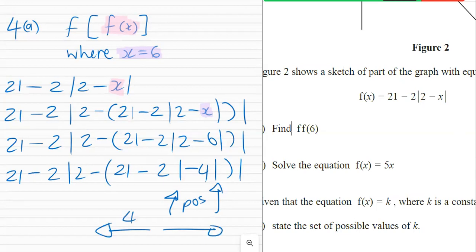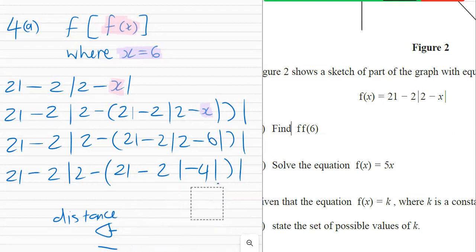For example, if you move your ruler 4 centimeters to the left or to the right, the distance is always positive, even though on a number line, if this was 0, that would be minus 4, and that would be 4. So the distance is still the same. The distance is always 4.